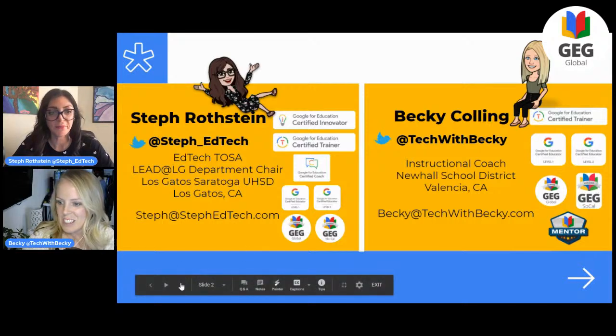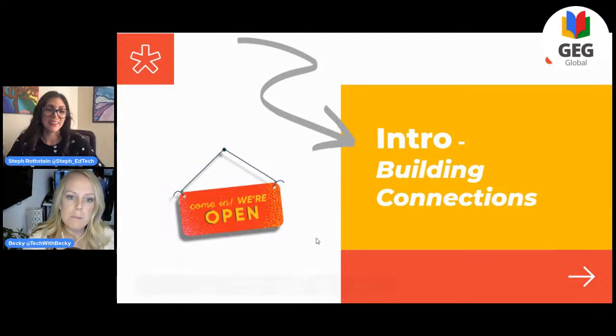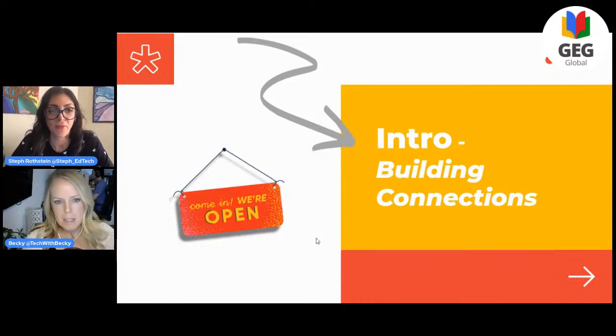All right, let's jump in. Let's do it. We're going to break this up the same way that you would break up a meeting. Obviously every meeting is a little bit different, but a meeting, just like a classroom lesson, starts with building connections, some type of intro. We have examples throughout that you can take right away and use in your classroom, in your meetings, in your lessons, however you need to.